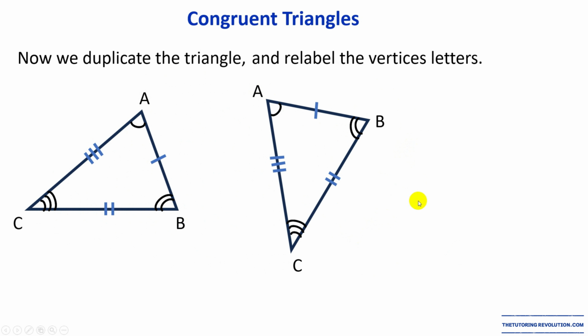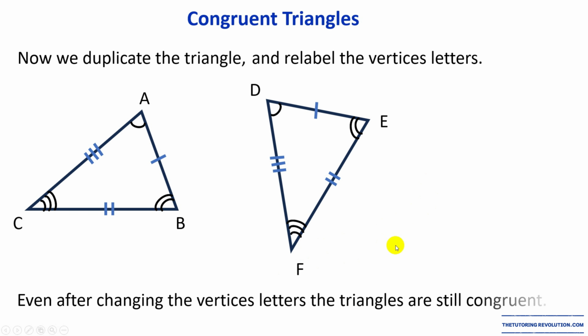So A is going to be relabeled to D, B is going to be relabeled to E, and C is going to be relabeled to F. Even after changing the vertices letters, the triangles are still congruent. If we move this triangle and put it on top of this, they will perfectly overlap. They are still congruent.